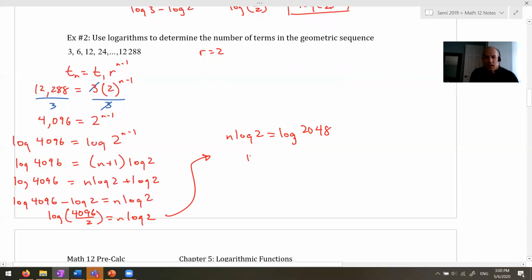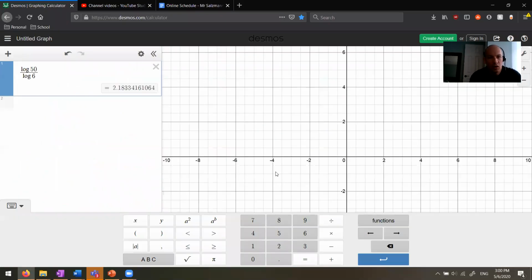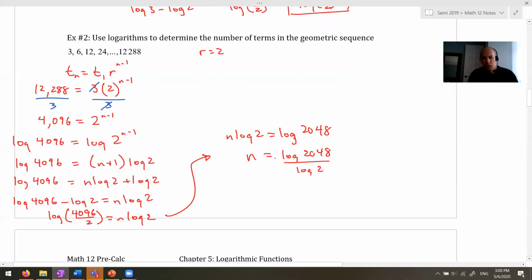And then finally, n equals log of 2048, and I'll divide it by log of 2. Okay, so if I really want to know what this is, I can go log of 2048, and then I'll divide it by log of 2, and I get an answer of 11. Okay, so that's my systematic way of doing this, n equals 11.